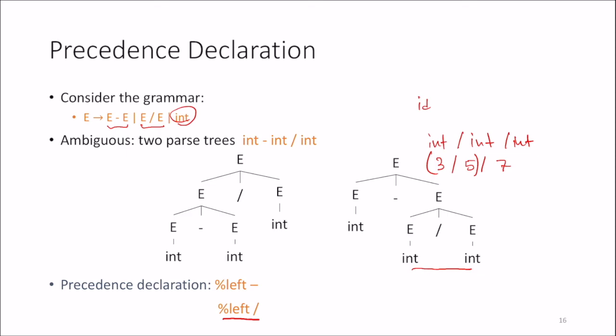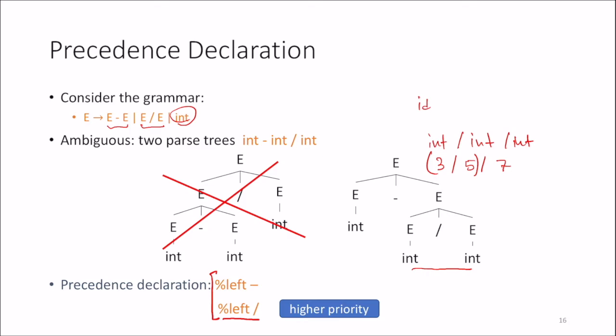Left associative for division as well, but it also has the order between division and subtraction, which tells me the precedence. So we can get rid of this dispreferred tree by using this precedence declaration, and it's just in the order you provided. So the lowest one has the lowest priority, and the highest priority is at the bottom, and as you go up, you get lower. So high to low precedence.